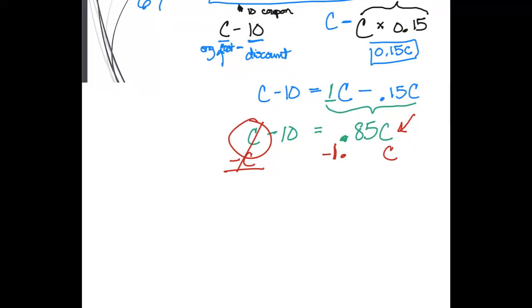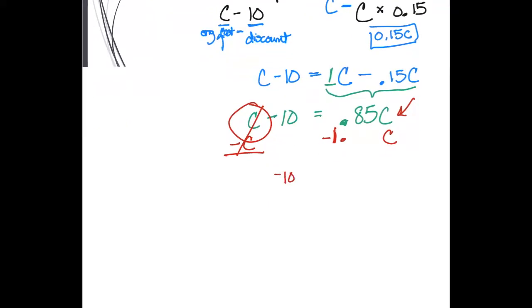So you're at negative 10 is equal to, what's 0.85 minus 1? C. Isn't it negative 0.15 C? Negative, right. So if I'm solving for C, what would you do?